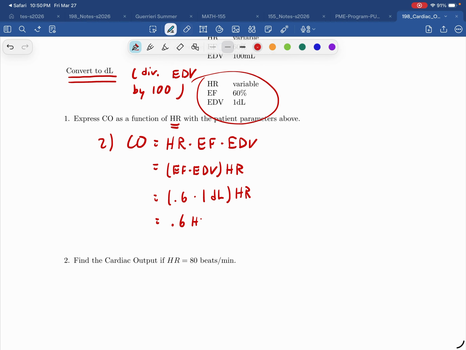When we're working with the numbers, we don't necessarily need to work with the units, but just be aware that heart rate is beats per minute and diastolic volume is deciliters. So what are the units here? It is 0.6 HR deciliters times beats per minute, however you want to think about it.